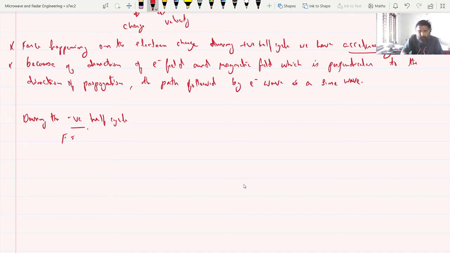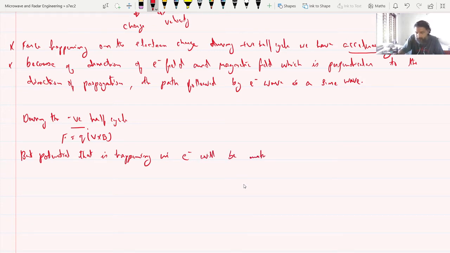We have F equal to Q into V cross B, that is happening in the electron, and it will be making a retardation force on the electron.